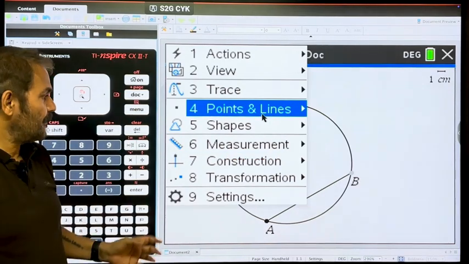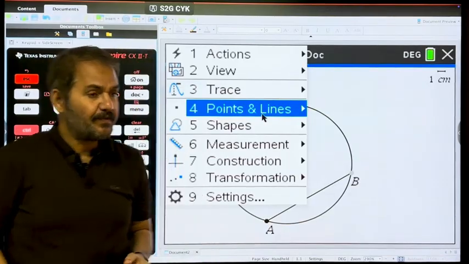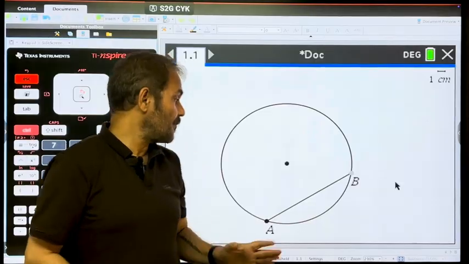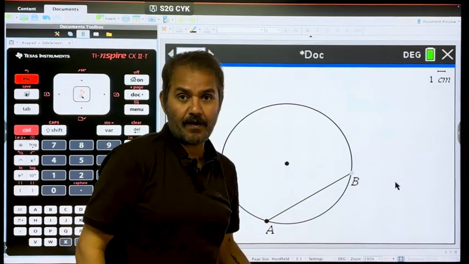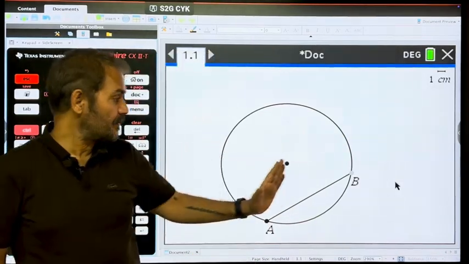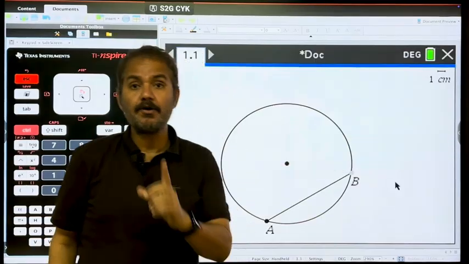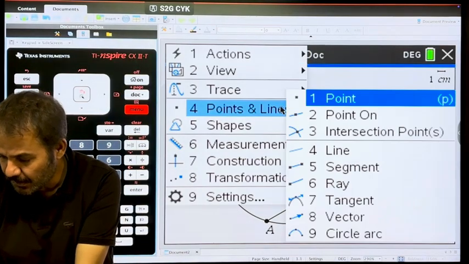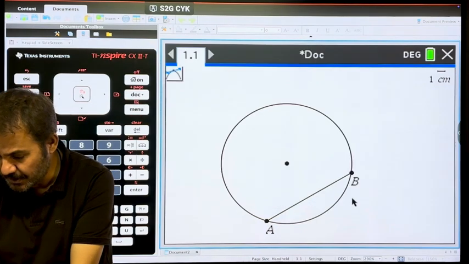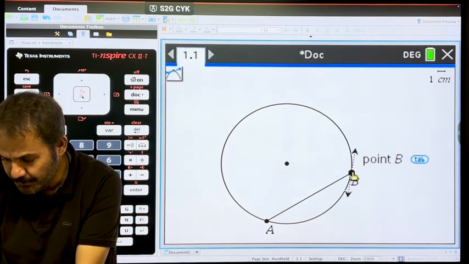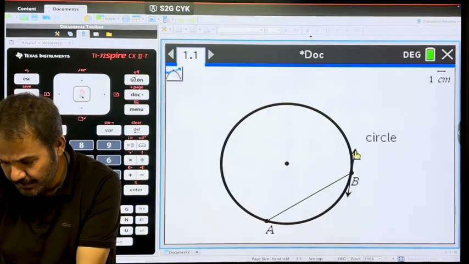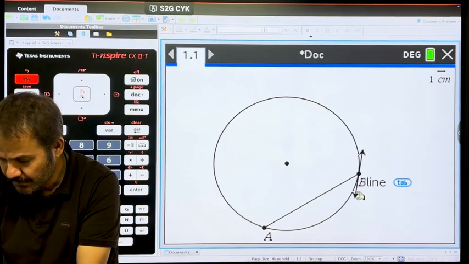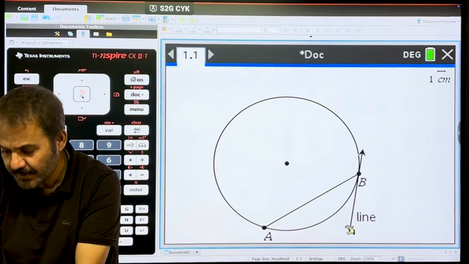I'm going to draw a tangent now. Tangent, we discussed that a tangent is a line that touches a circle at one point. So I'll go back to menu, point and line, then I'll go to tangent. Where do I want to draw a tangent? At point B. So I'll just click on point B and I can extend this tangent here. I'll hold it and extend it.